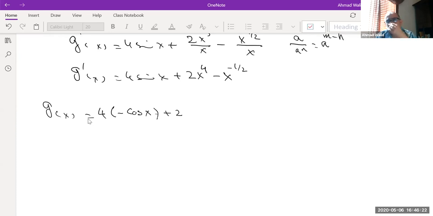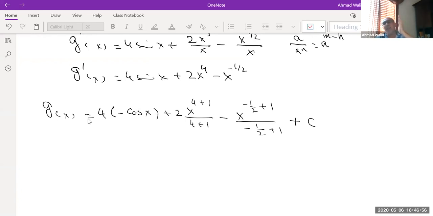You can just write x to the power of 5 over 5, but let me show at least in this example: x to the power of 4 plus 1 over 4 plus 1, minus x to the power of negative 1/2 plus 1 over negative 1/2 plus 1. Let's simplify. Even if you wish, you can put C here and continue with C. As soon as you take the antiderivative, put your C before you forget. I usually put it in the answer, but you can do it from here on, correct?